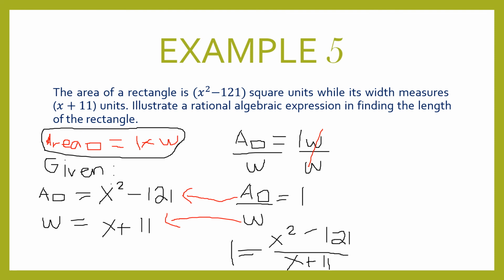So, sulat ko dito. L is equal to, so, kunin natin yung factor ng una. Pag sinabing difference of two squares, we have positive and negative. So, kunin lang natin yung factor ni x squared. Factor ni x squared ay x times x.